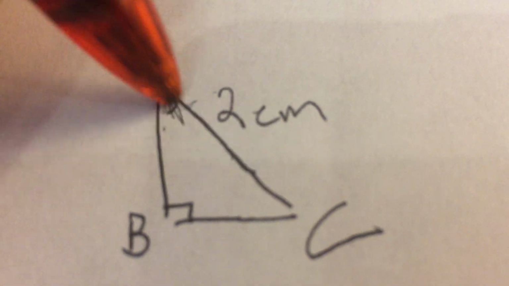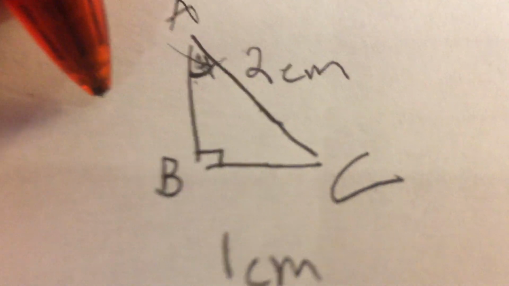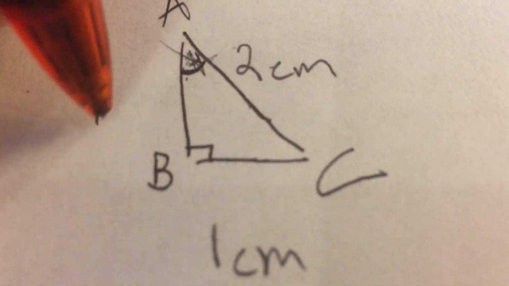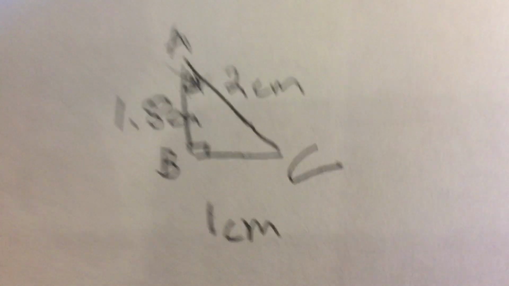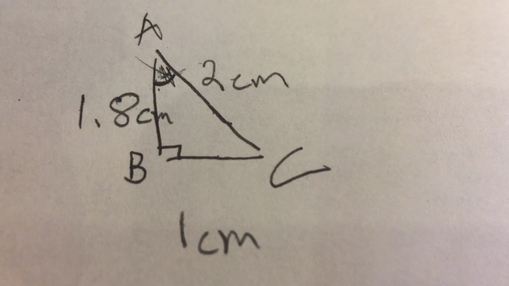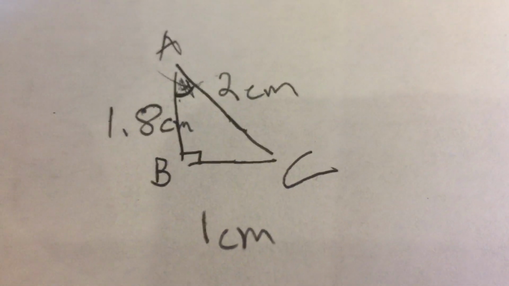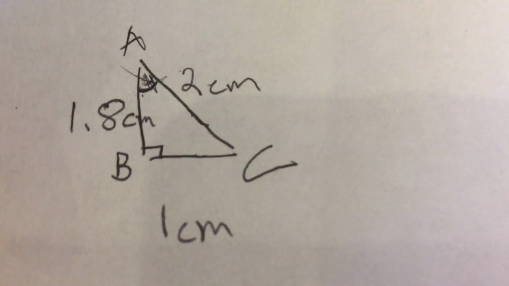Don't measure these side lengths. Just say this is a triangle. Round to the nearest tenth of a centimeter. We're going to go back to this later. Your triangle doesn't have to be this triangle.